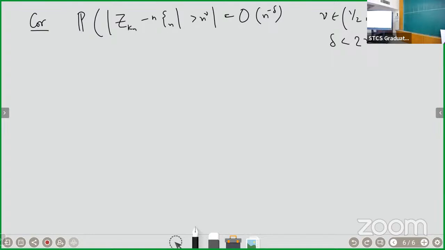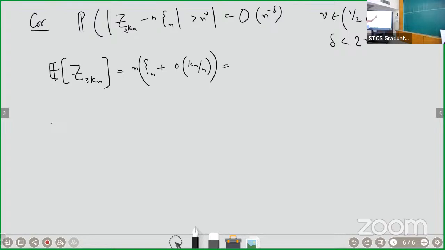So from our previous result, what we know is the expected value of Z is of order n. Remember this, that was shown last time, that the expected value is close to n times the survival probability. So n and n cancel.